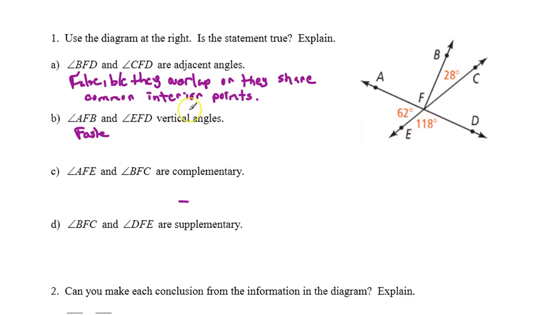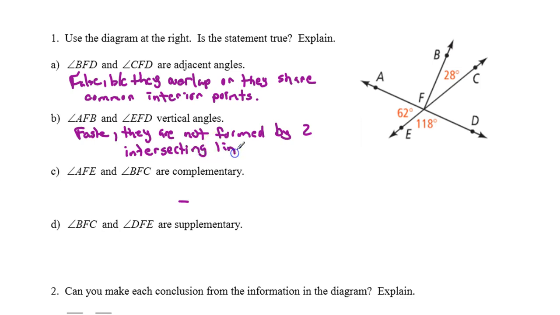Those are not two intersecting lines, okay? So the reason it's false is they are not formed by two intersecting lines. All right.